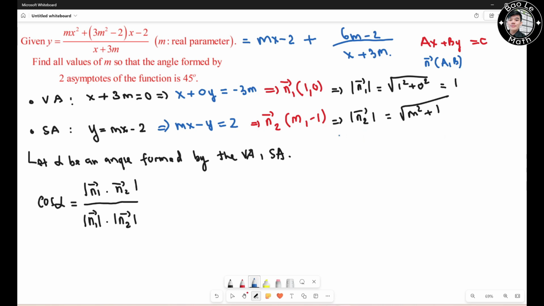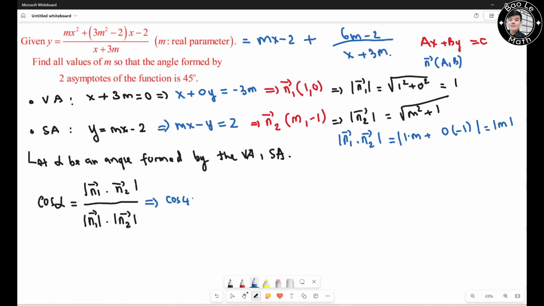And the absolute value of n1 dot n2 is 1 times m plus 0 times -1. Alright, so it's going to be the absolute value of m.